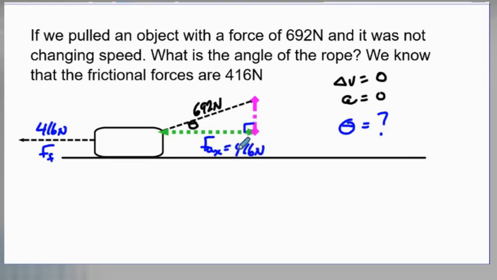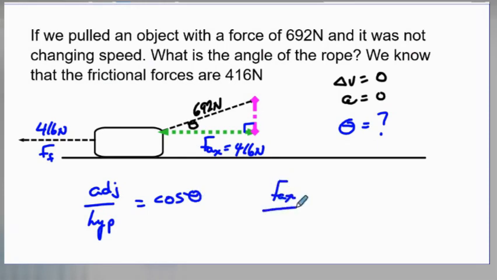Remember that this is a right angle triangle, so we see that the adjacent side and the hypotenuse, that's the cosine of theta. So our FAX is the adjacent, and our FA is the hypotenuse.